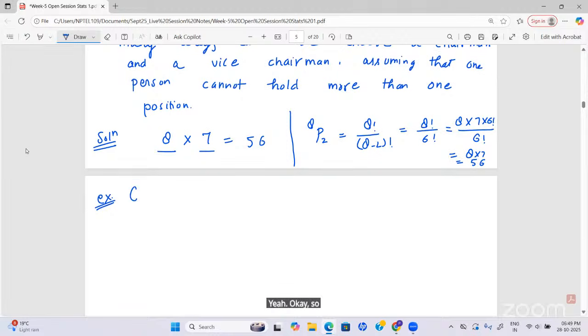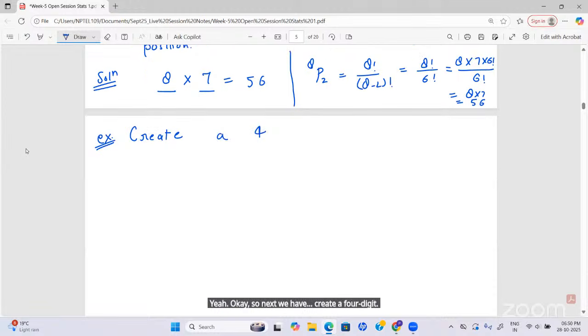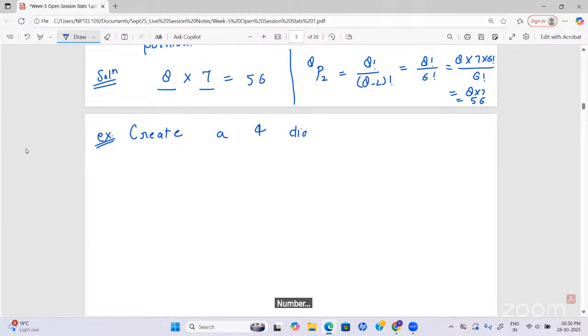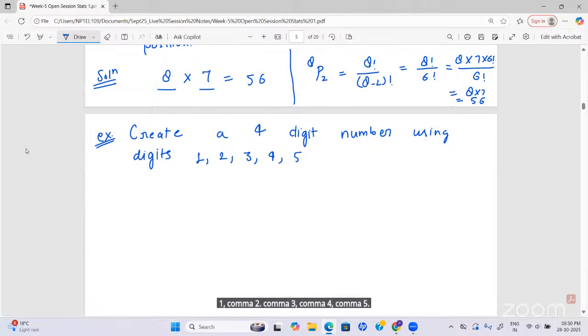Okay, so next we have: create a 4-digit number using the digits 1, 2, 3, 4, 5, and the condition is no digit is repeated.